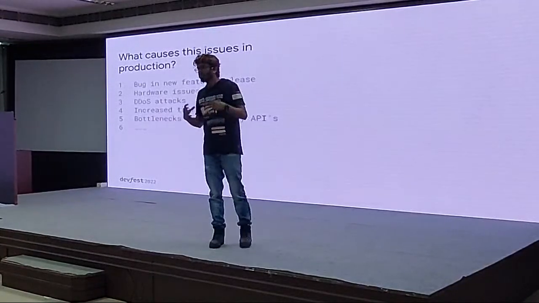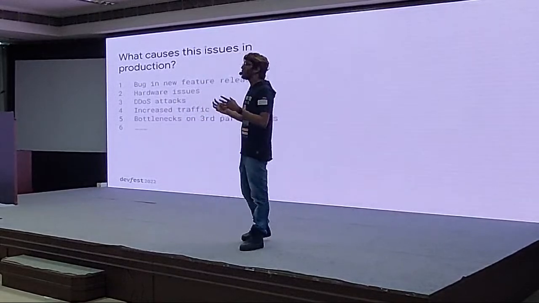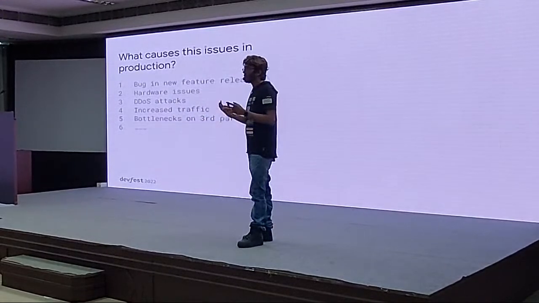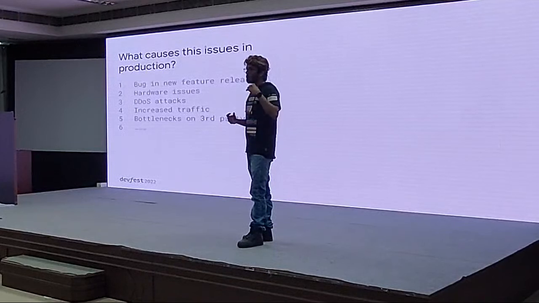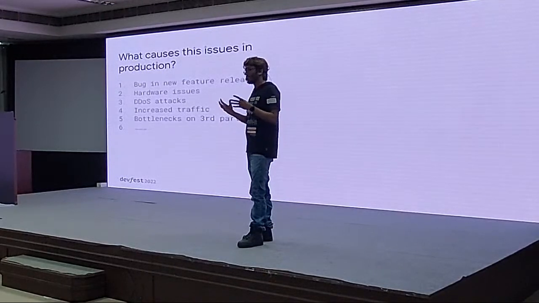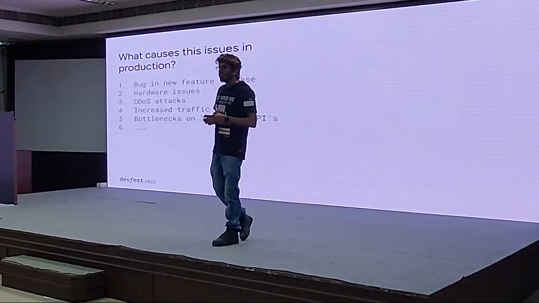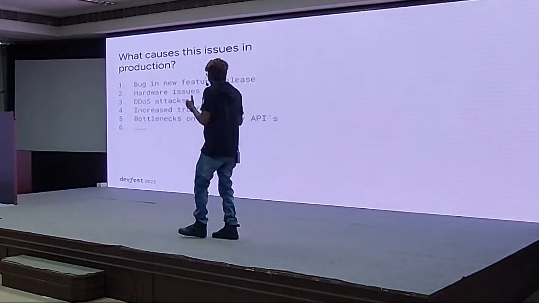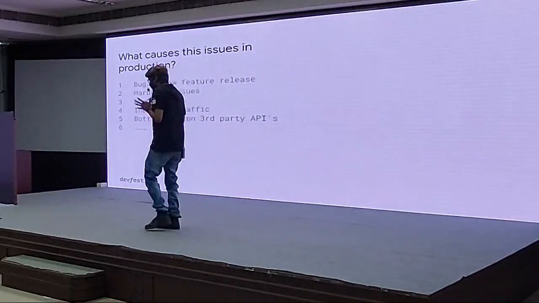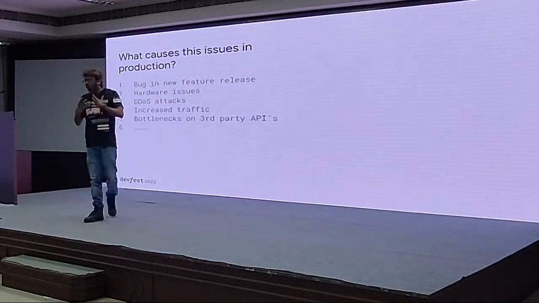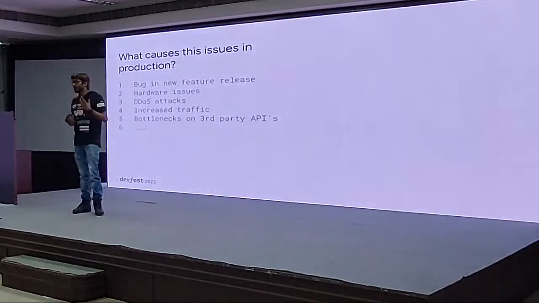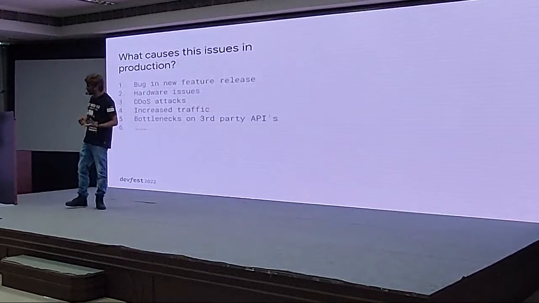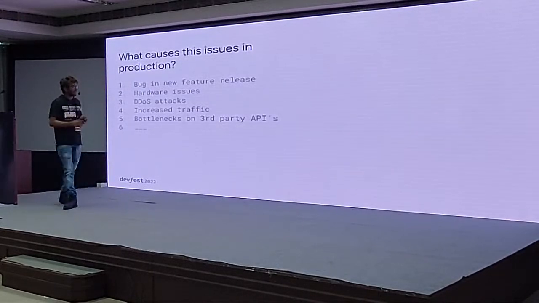When there is big traffic coming in, that rate limit is going to be exhausted. If you have not planned or scaled well, then there can be issues in production. These are just a few issues which I am facing in my day-to-day run as a site reliability engineer or a DevOps consultant. There can be many.